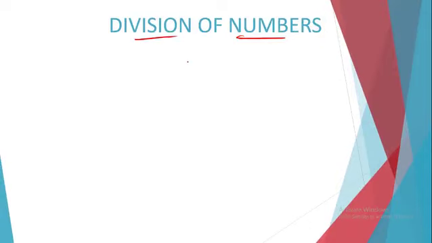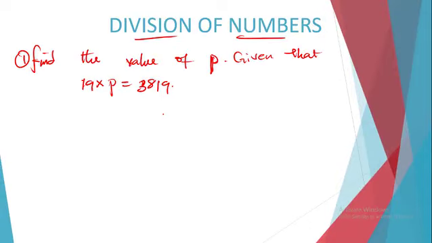Division of numbers. Okay, we have a question. It said find the value of p, given that 19 times p is equal to 3,819. Find the value of p. Solution.